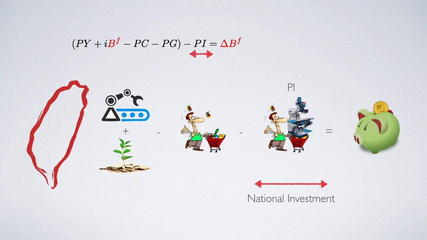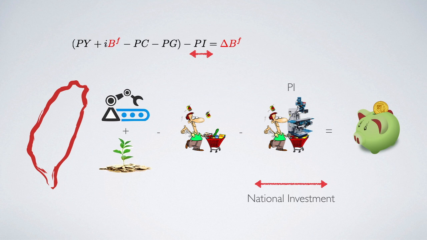And of course, the second term simply means national investment. So basically, it shows us that the current account balance also reflects the gap between national saving and national investment.